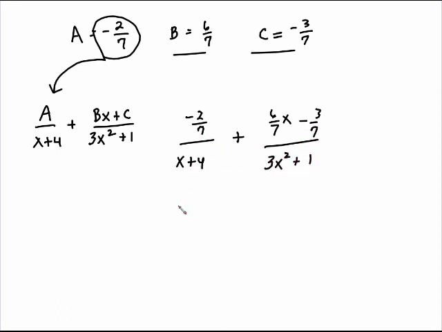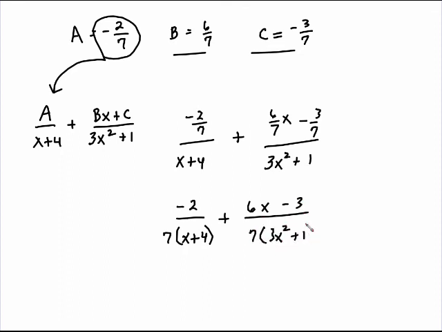Bring those denominators down, and I'll have negative 2 over 7 times x plus 4 plus 6x minus 3 over 7 times 3x squared plus 1.